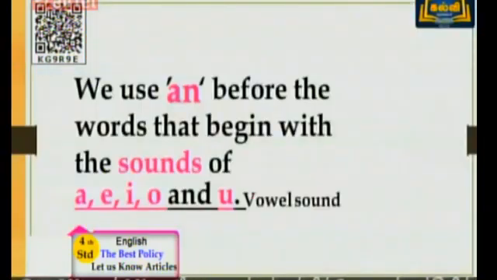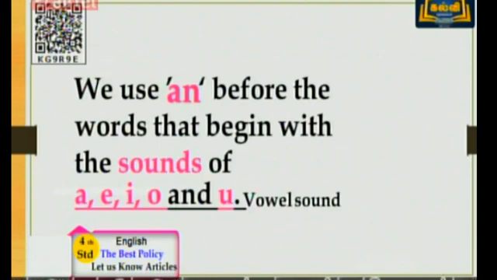Look over there. What's written over there? We use an before the words that begin with the sounds of A, E, I, O and U. These are the conditions.